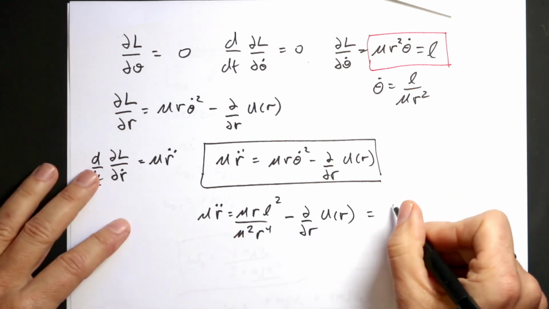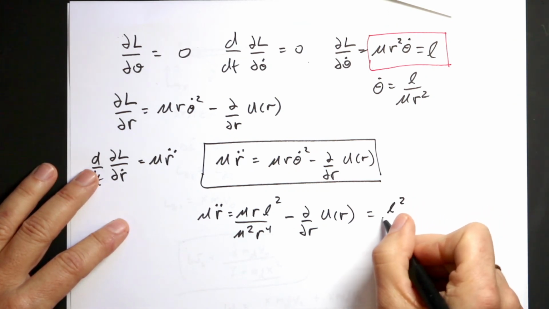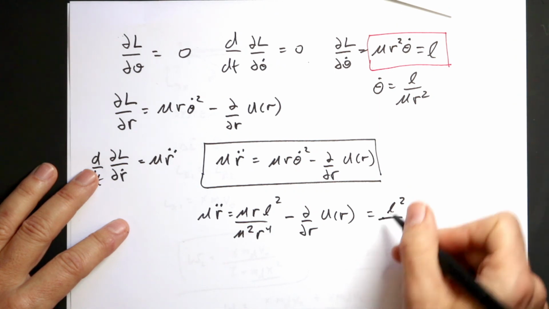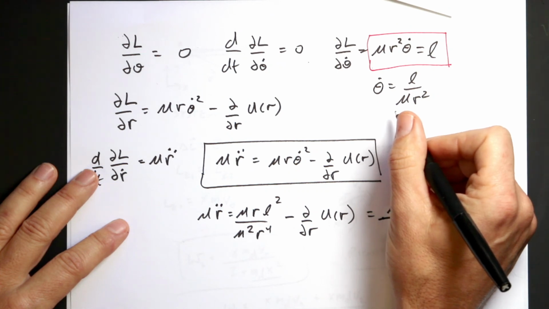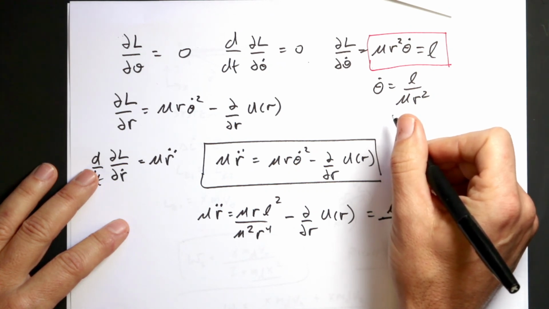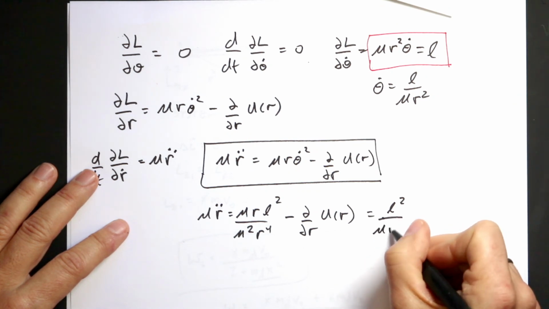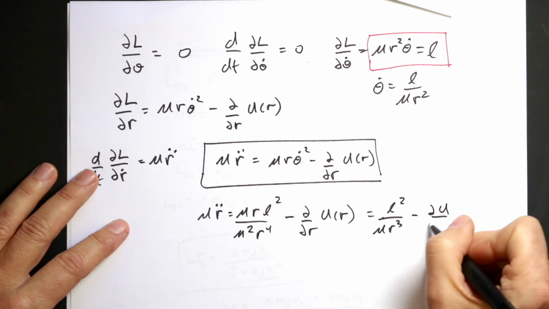now we can just cancel some stuff. I get L squared over, where did I get the 2? Oh no, that's right. L squared over mu r cubed minus the partial of u with respect to r.